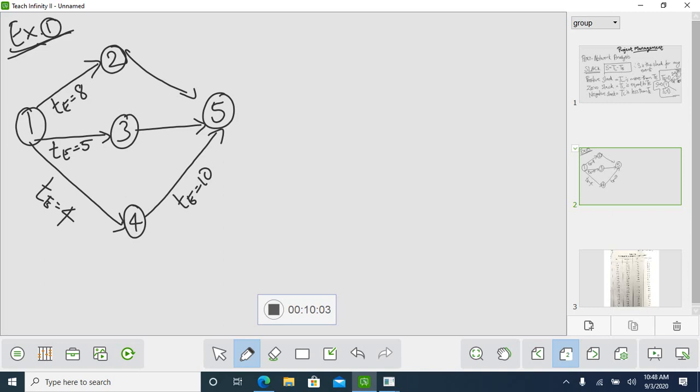For 3 to 5 it is 8. So this is your network diagram. They have given you all the expected times. Here you have to find the earliest expected time and latest allowable time, so you have to draw the table.